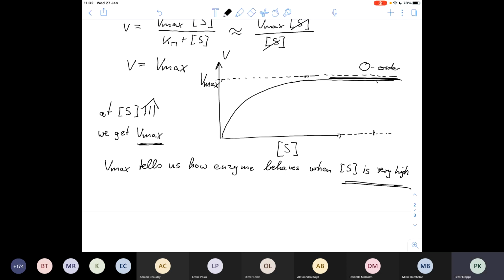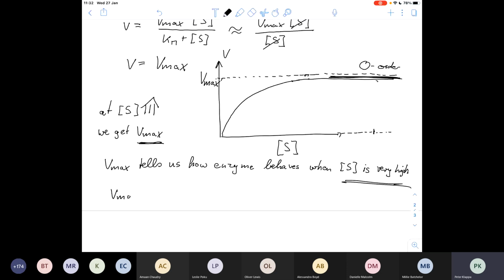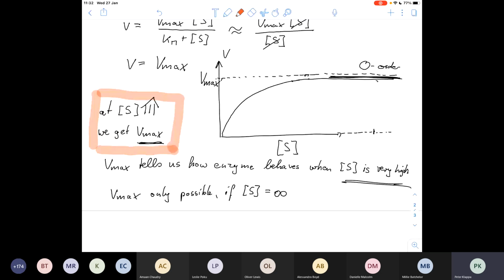So strictly speaking, Vmax is only possible if the substrate concentration is infinite. We will never reach it, but we are getting closer and closer. So if the substrate concentration is very high, then we get Vmax. Does that make sense?